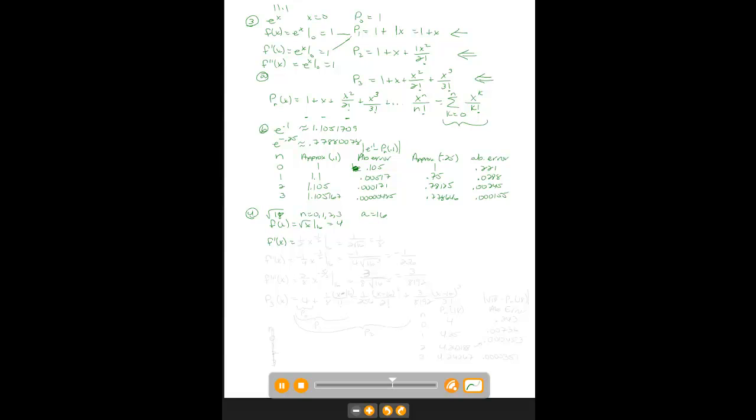The first derivative is going to be 1/2 x to the negative 1/2. At 16 is going to be 1 over 2 the square root of 16, so that's going to be 1/8. The second derivative is going to be negative 1/4 x to the negative 3/2. Sticking in 16, you get negative 1 over 4 the square root of 16 cubed, and you end up with negative 1 over 256.